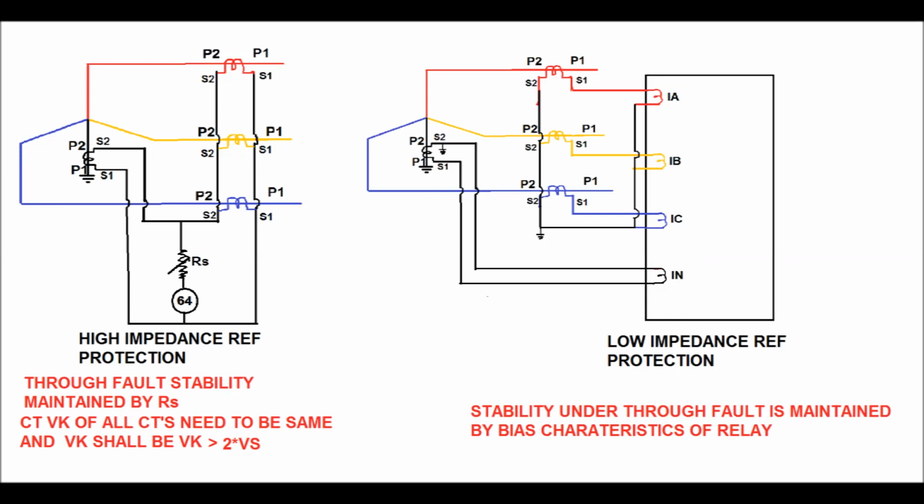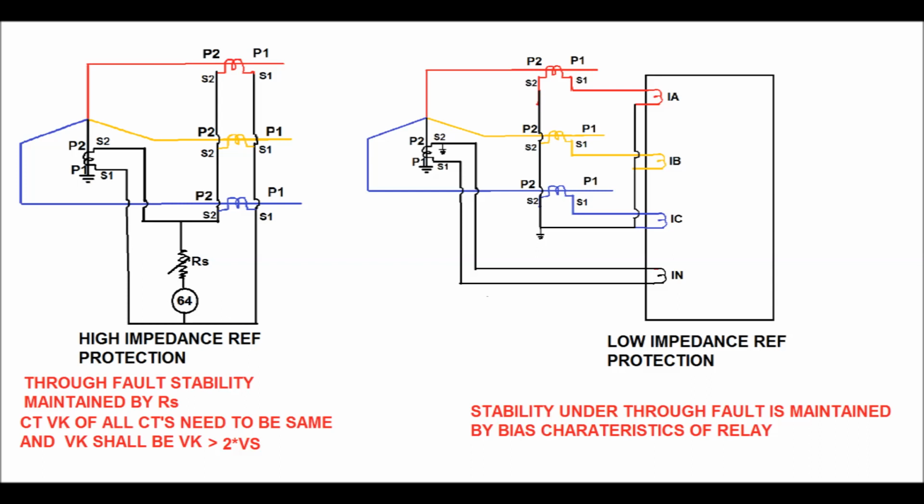Under through fault condition, stability is maintained by a stabilizing voltage that is calculated from the maximum through fault current. This maximum through fault current is divided by the CT ratio, and this is multiplied by the secondary CT resistance plus the cable resistance plus relay burden.